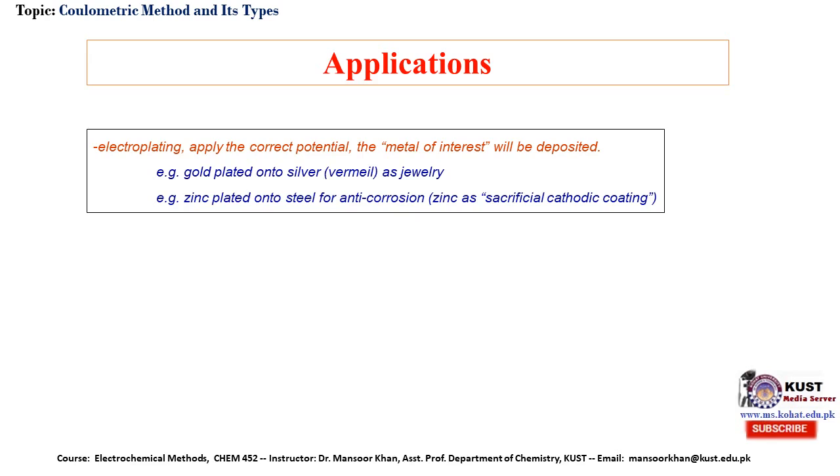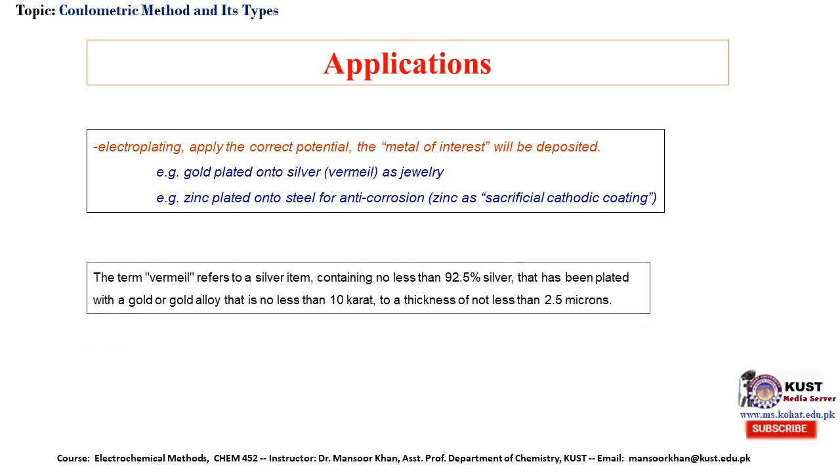For this purpose, for example, gold is plated over silver in jewelry, and zinc is plated on steel for anti-corrosion, because zinc is non-corrosive as compared to steel. Here are two terminologies.